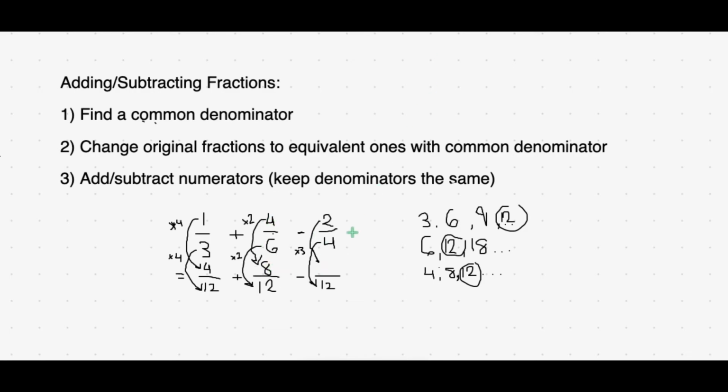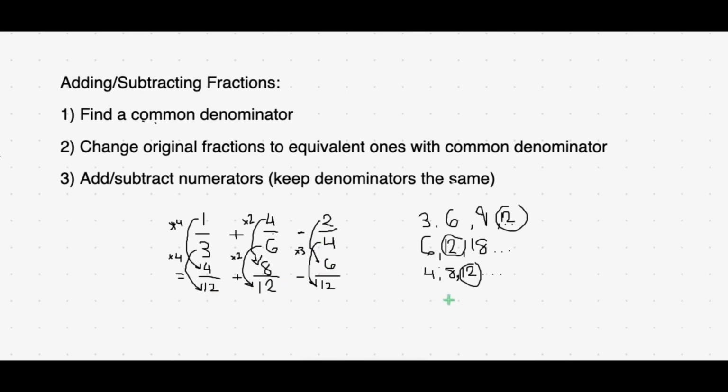Now again, we have to follow the same procedure and multiply 2 by whatever number we multiplied the denominator by. So we multiplied 4 by 3 to get 12. Now we have to multiply 2 by 3 to get an equivalent fraction, because equivalent fractions are multiplied by the same number on the top and the bottom. 2 by 3 is nothing but 6.